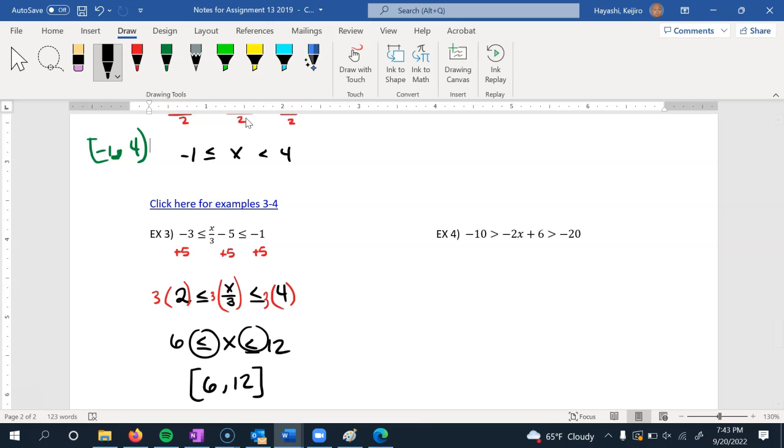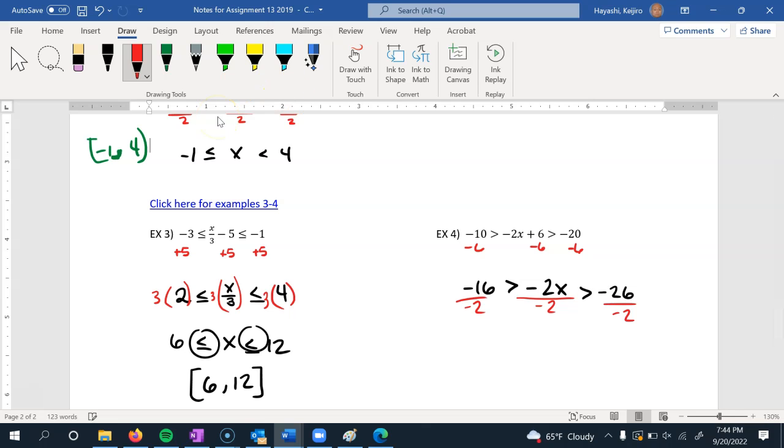Last one real quick because it involves a negative coefficient. Subtract 6, that part's easy enough. Subtract 6 from all sides. Negative 16 is greater than negative 2x, which is greater than negative 26. Divide by negative 2. And what must you do when you divide by a negative number?